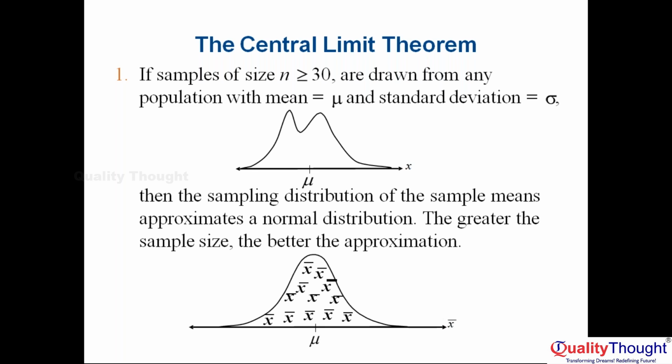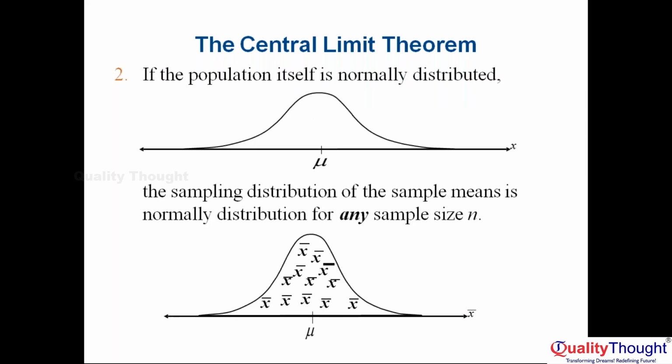The greater the sample size, the better the approximation. So when the sample size is greater than 30, you can approximate your distribution to a normal distribution. If it is less than 30, you cannot do the normal distribution.